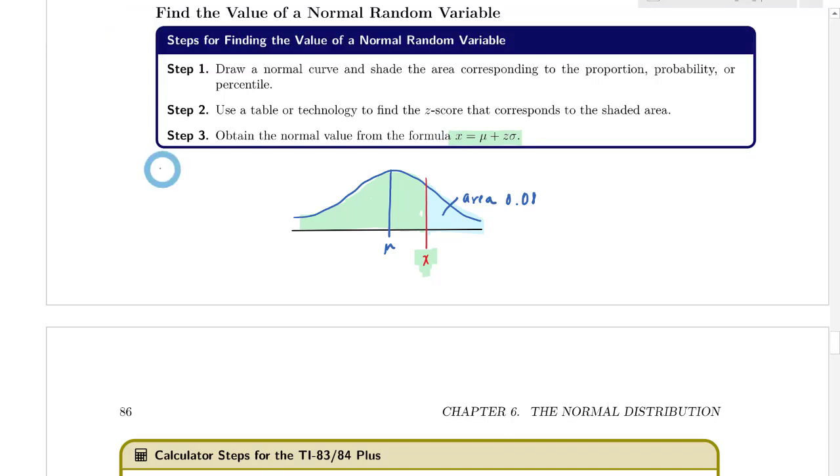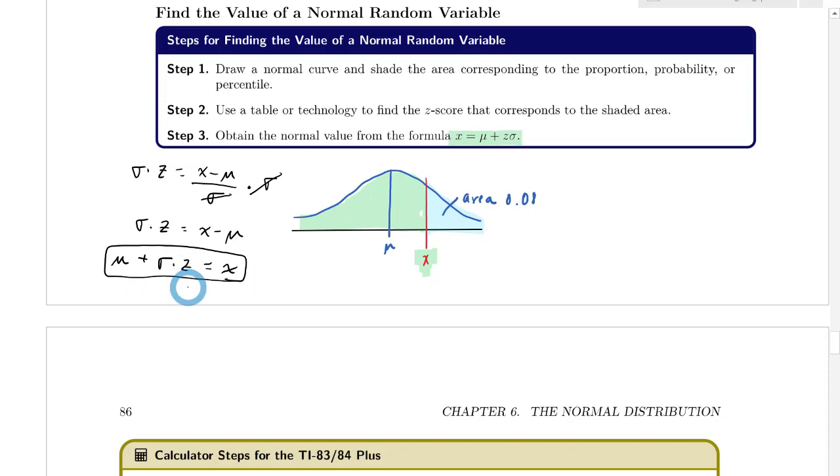If z was x minus mu over sigma, then multiply each side by sigma to get sigma times z equals x minus mu, and then add the mean over, so you get mu plus sigma times z equals x.